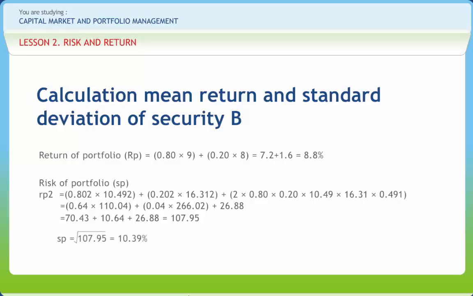Sigma P equals square root of 107.95 equals 10.39%.